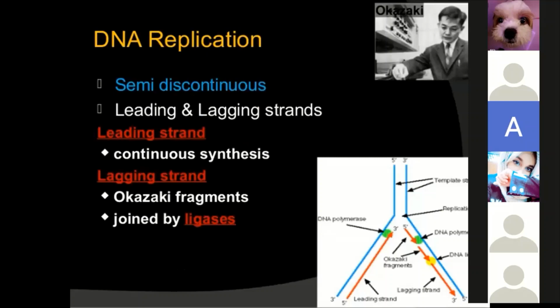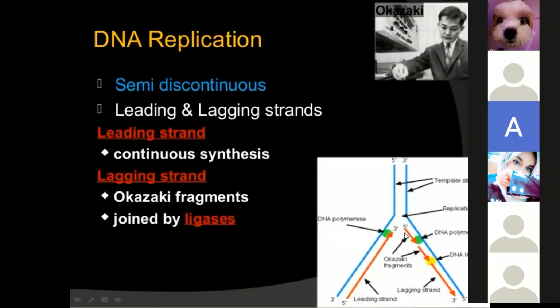These are some of the features of DNA replication. It is semi-discontinuous. There is a leading and a lagging strand. In the leading strand there is continuous synthesis, and the other strand is the lagging strand, where there is discontinuous synthesis.